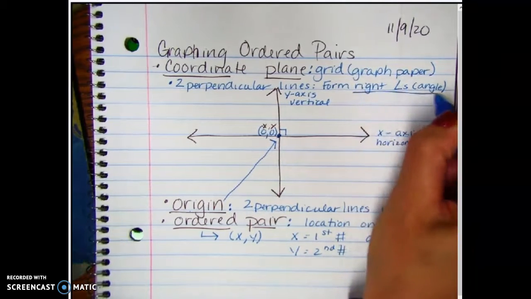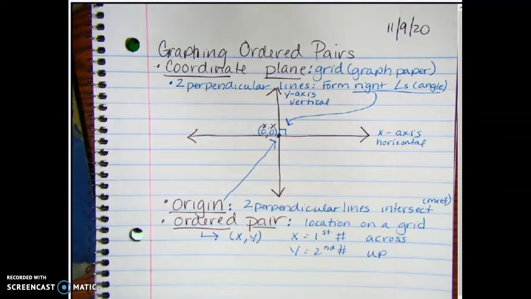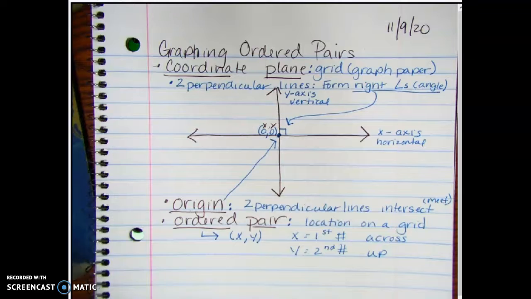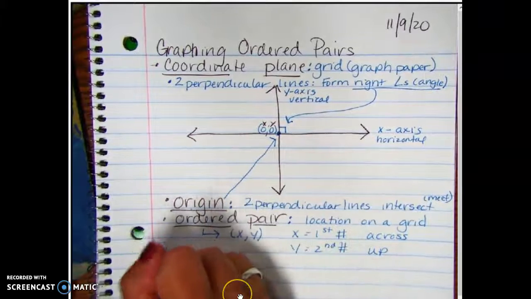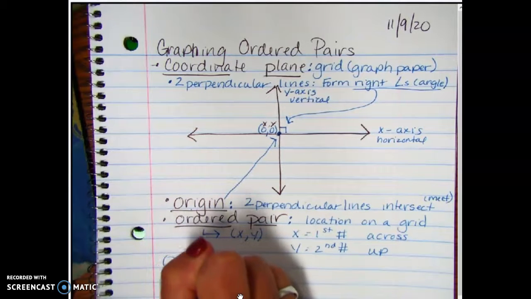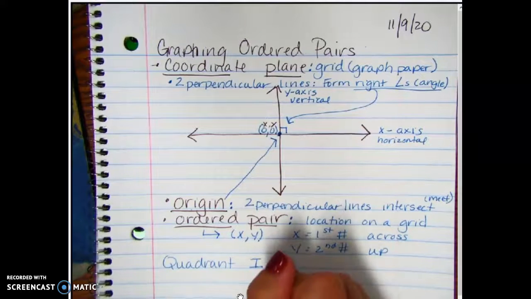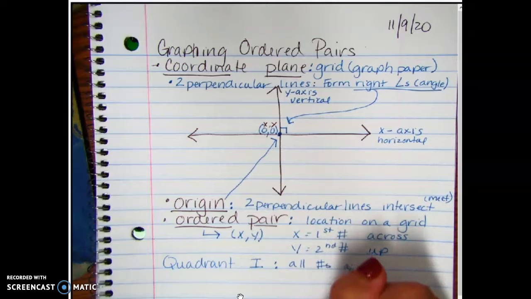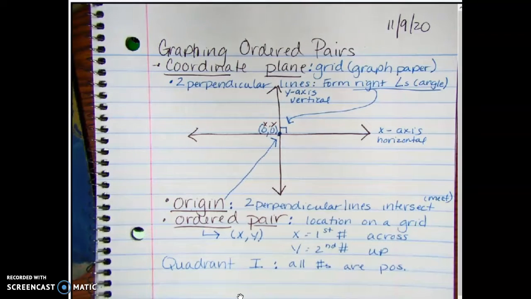And I'm going to also make sure that you know that that box there shows a right angle. So we have perpendicular lines with an x and y axis with the origin at 0. Now, something else we need to be aware of is that we are only working today in quadrant 1. Okay? In quadrant 1, all numbers are positive. We're going to be working on the other ones tomorrow, so I just want you to be aware of that.